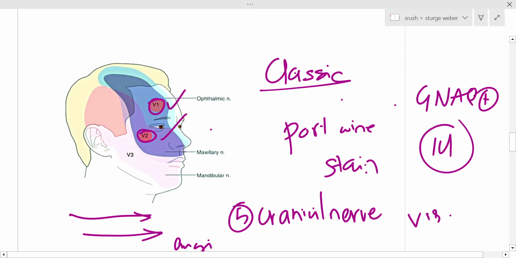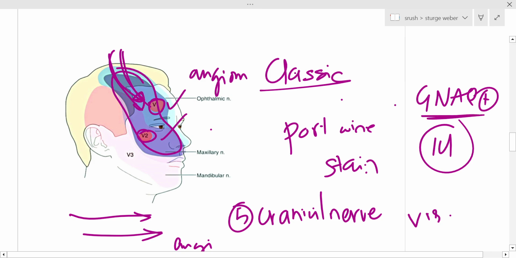It goes on to innervate the face, and then it drags some of those angiomas that GNAQ was supposed to cause the regression of.